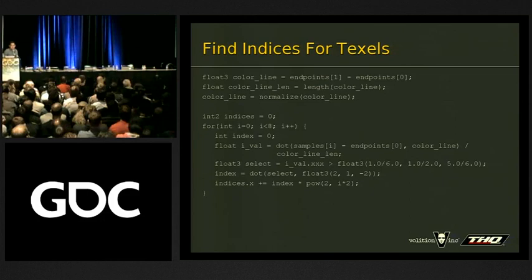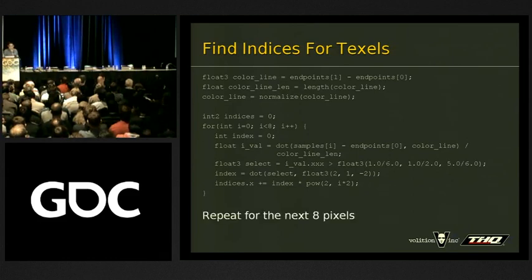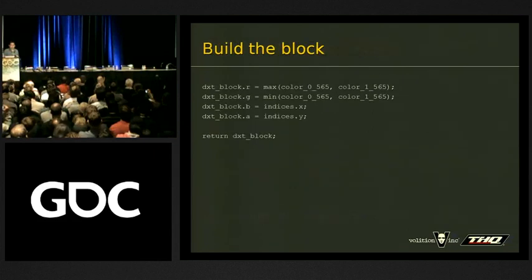Now, the result of that dot product can give you the actual index that you want to use for that texel. It's a quick way of doing it, works really well. And once you've got that index, all you have to do is bit shift it over and add it to your indices. Now, this loop right here is for 8 of the texels, storing in index x. You'd want to repeat it again for the next 8 texels, and they'll store in the indices y variable.